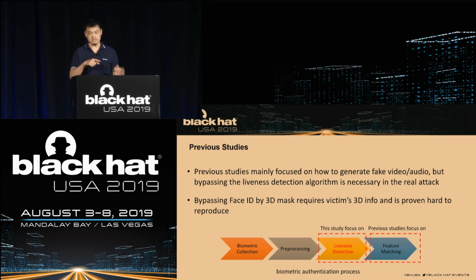You have to bypass it, and then you can use your fake material to bypass the authentication. There is also some research on how to bypass Face ID with 3D masks, but that requires a lot of information and has proved not easy to reproduce. So our research mainly focuses on how we bypass the liveness detection.